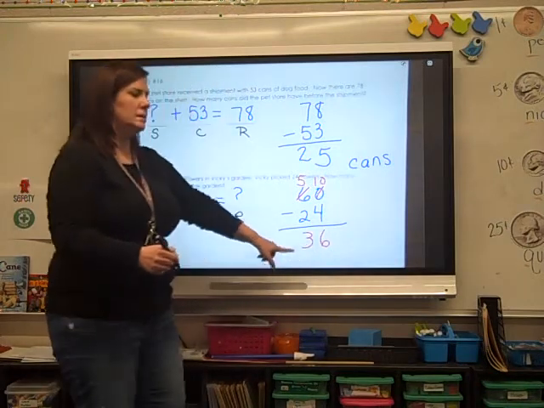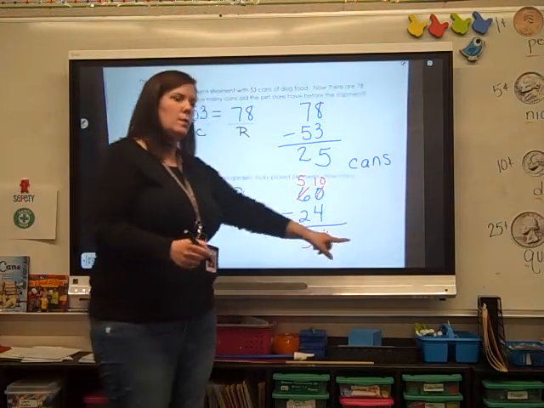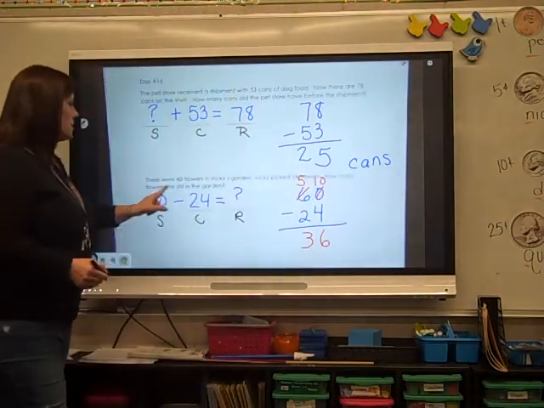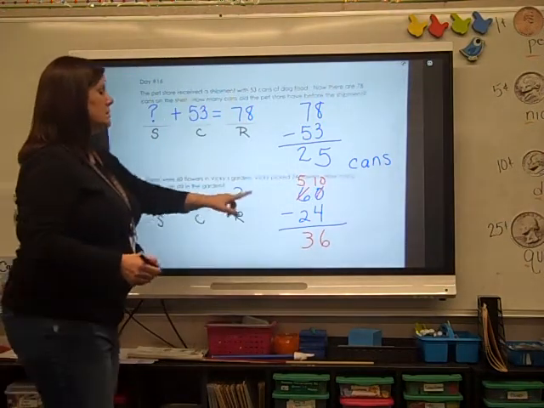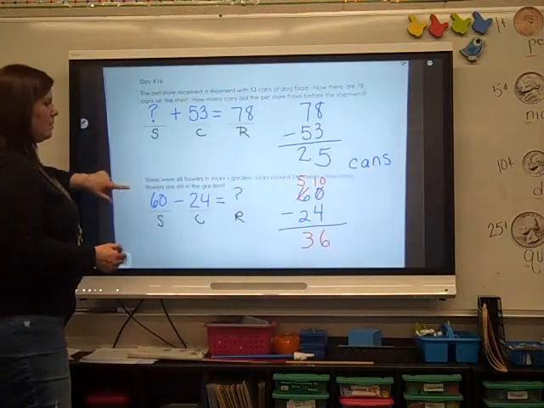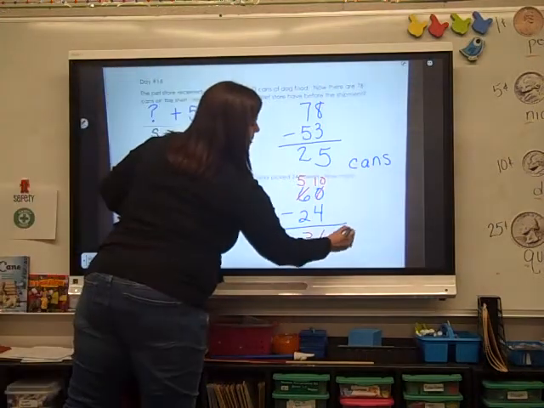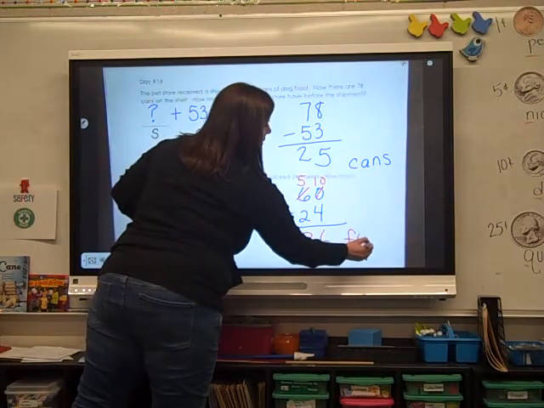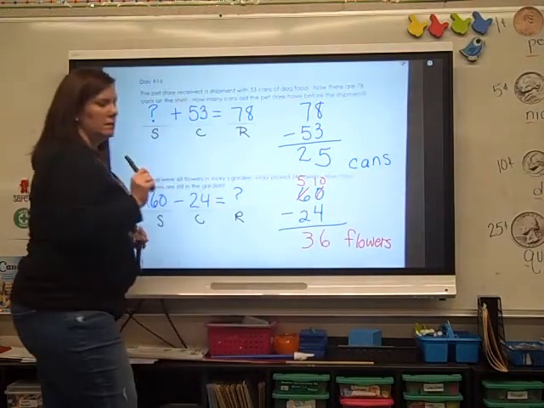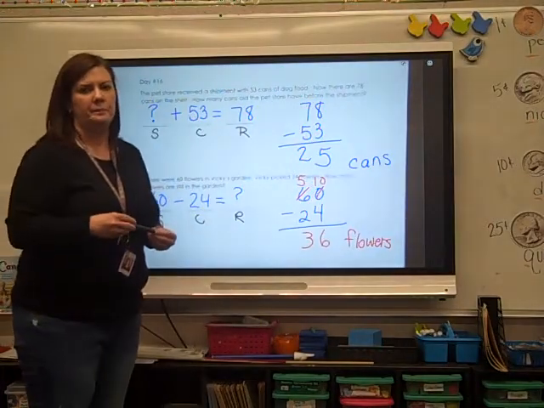So 36 what? What are we talking about? Look at the question. How many flowers are still in the garden? So 36 what? Right here, flowers. So make sure you put flowers next to it. I'll give you a second to catch up.